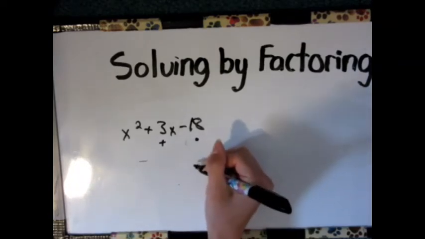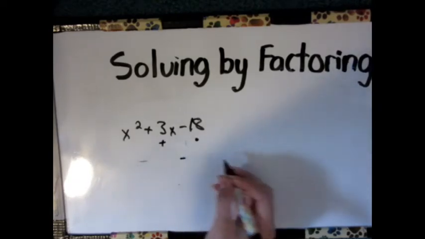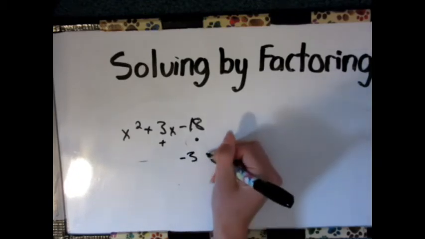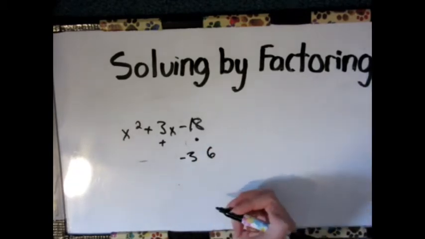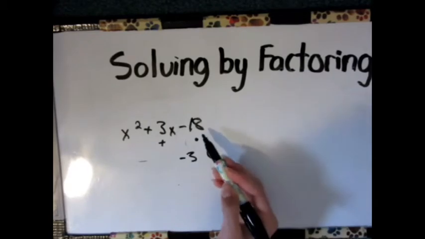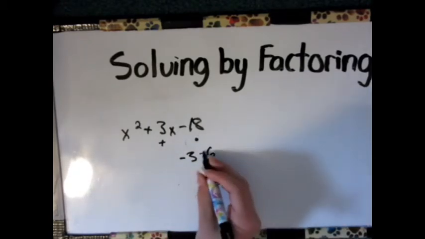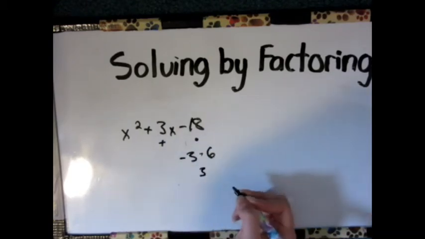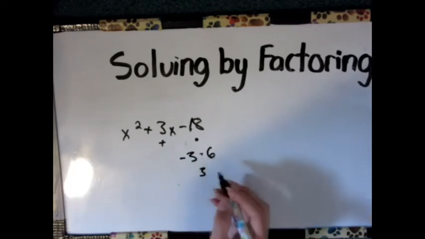The first one I would like to try would be negative 3 and 6, because 3 times 6 is 18, and the negative makes it negative 18. Then we'll add these to see if we get 3. And it does. So, these are our two factors.